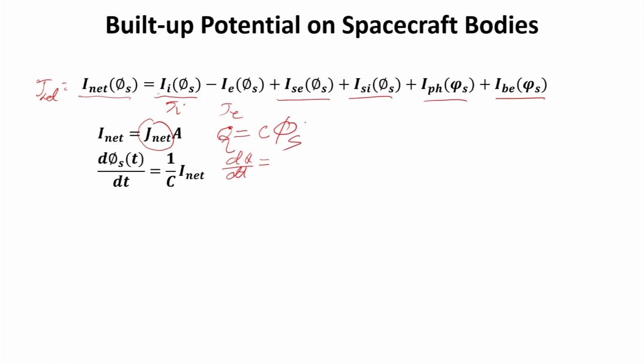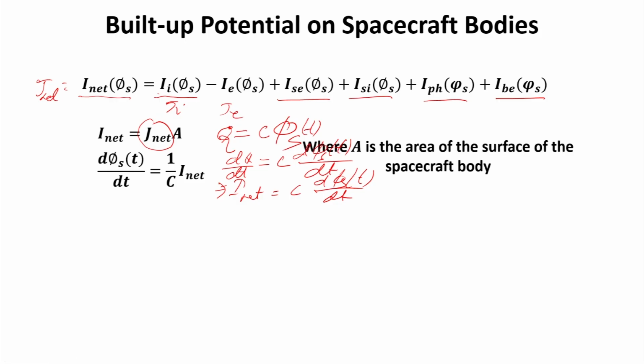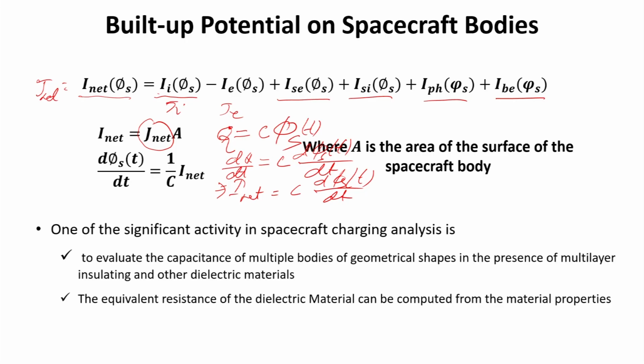Differentiating both sides, dq by dt will be C d phi s(t) by dt, where phi s is the potential at time t, and this is equal to I net. So, I net is equal to C d phi s(t) by dt, and then you can get this equation, where A is the area of the total surface of the spacecraft body.